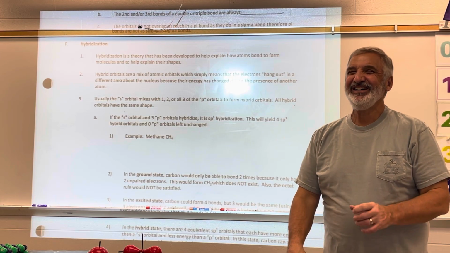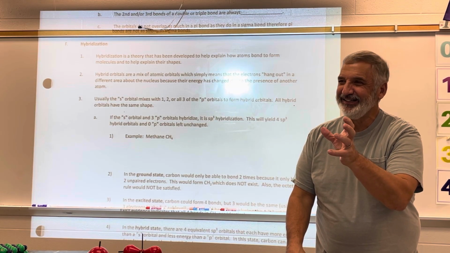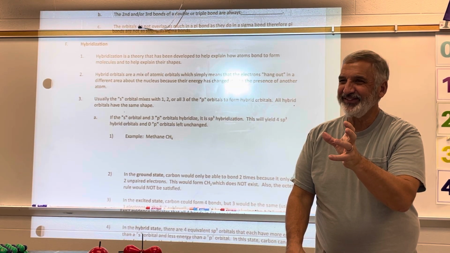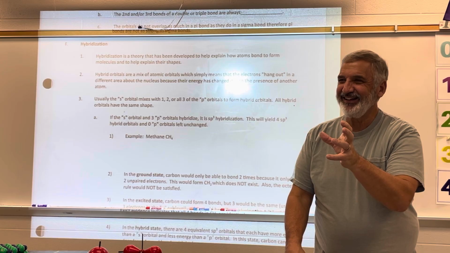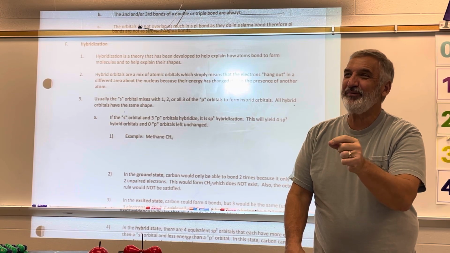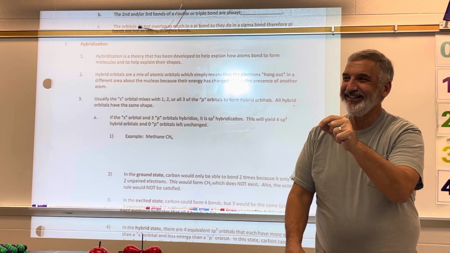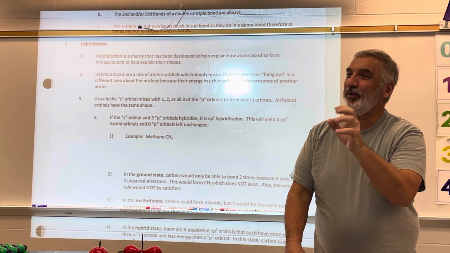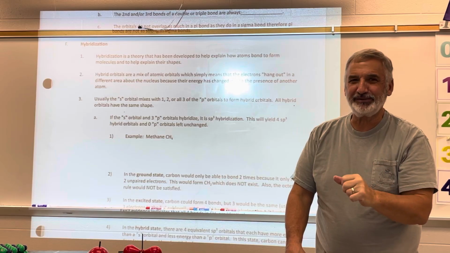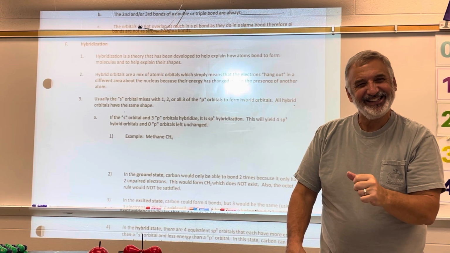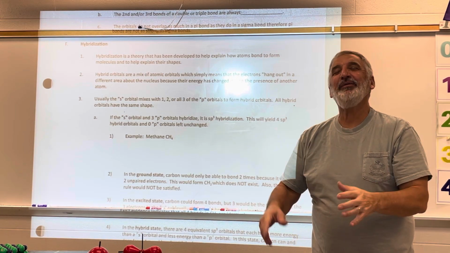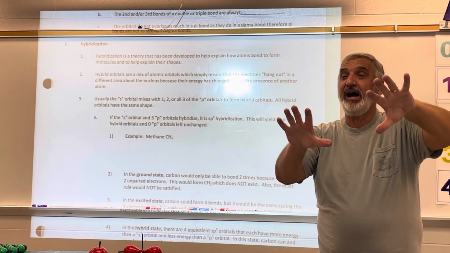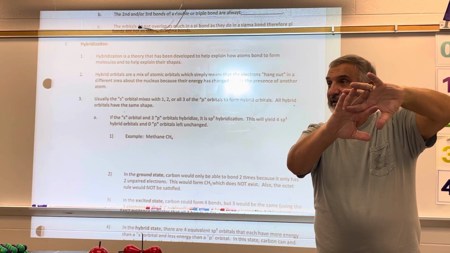A zebra's white, but it's black. But is it? Is a zebra white with black stripes or is it black with white stripes? Okay, anyway. The whole point is that the hybridized is kind of a mix of both.